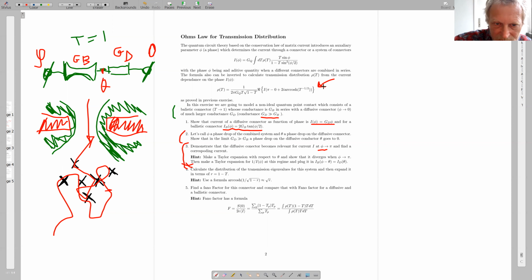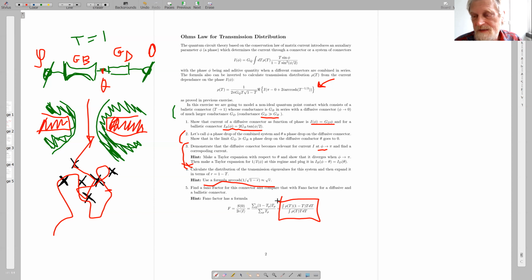Most approximations are made explicit, and the last point of this problem is to compute certain characteristics of this distribution, namely the Fano factor. Well, there's an explicit integral representation for this quantity. Good.